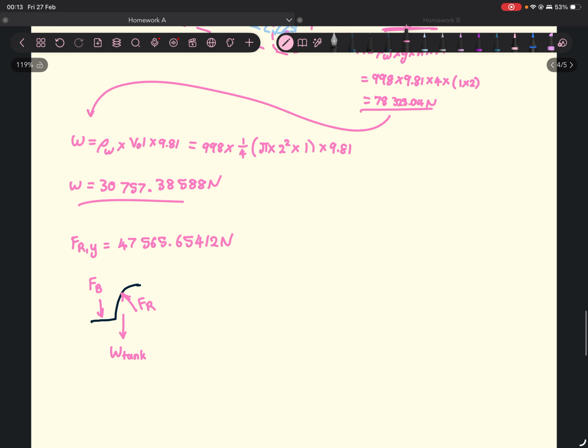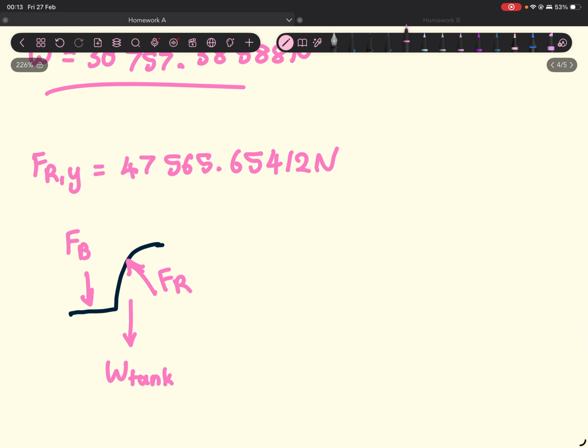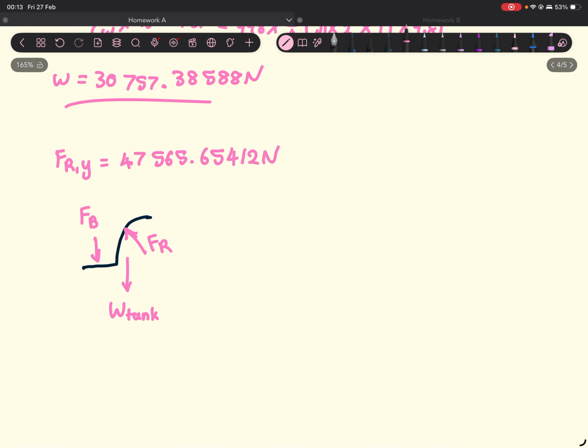Okay, so the fluid is now pushing up against the vessel. You can think of it as having pretty high pressure, pushing on the vessel. Cool. So that's our free body diagram.